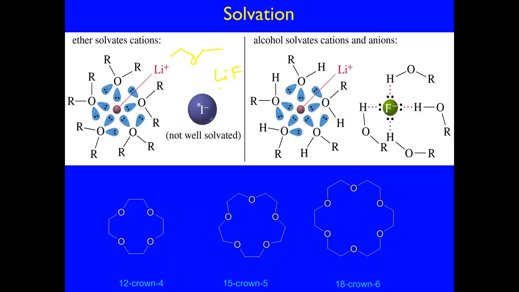Ethers would line up in such a way that the lone pairs of these oxygens act as ligands to the metal. This is the lithium metal, and five or six molecules of ether surround this lithium, stabilizing the lithium cation, but they are not solvating the anion because there is no positive charge in the ether molecule.